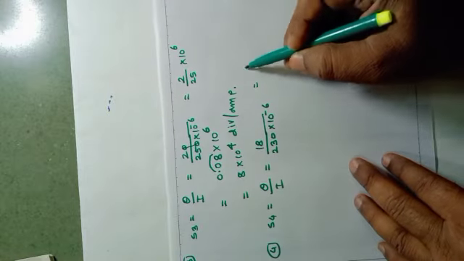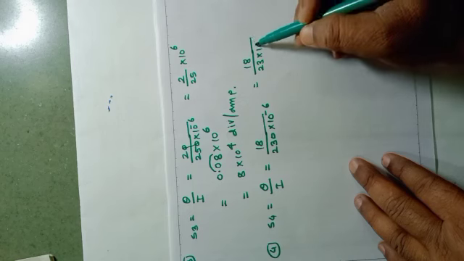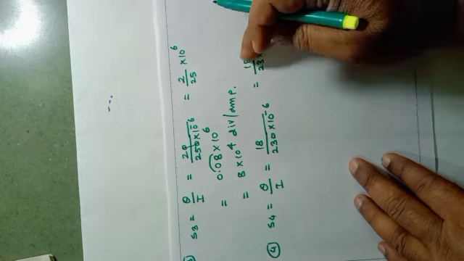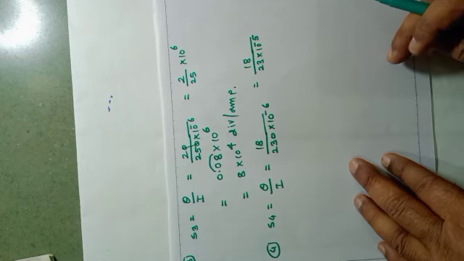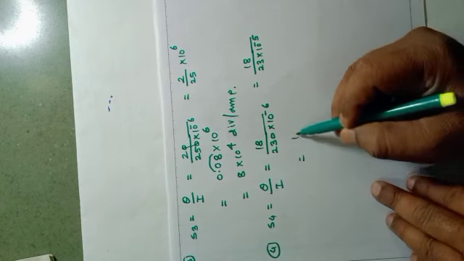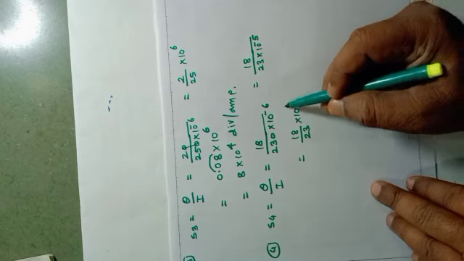So it becomes 18 upon 23 into 10 to the power minus 5. Here there is no perfect division, so we can use logarithm. So here 18 upon 23 into 10 to the power 5.